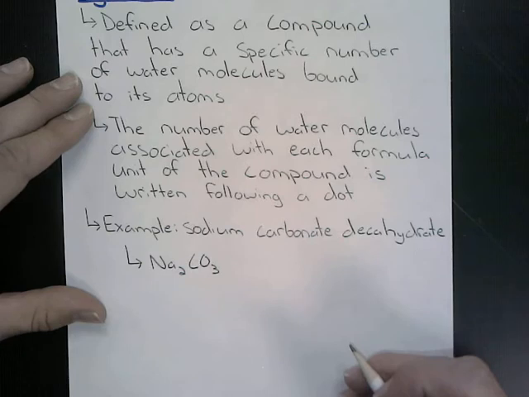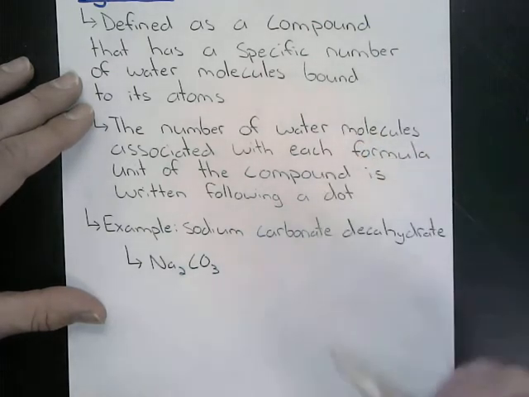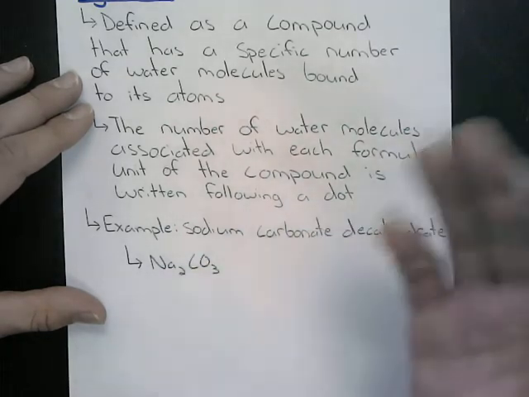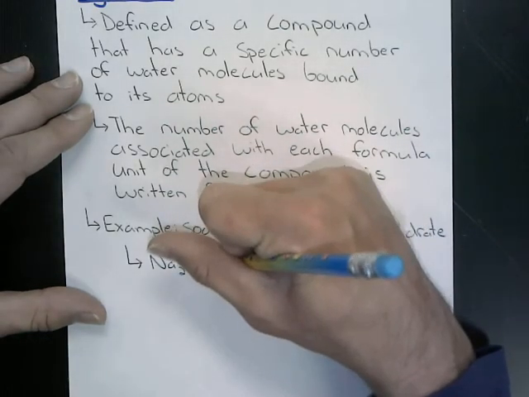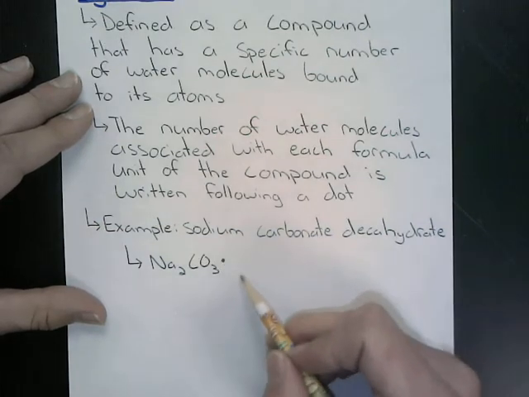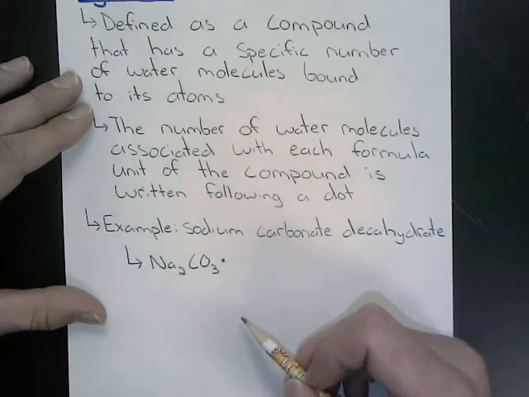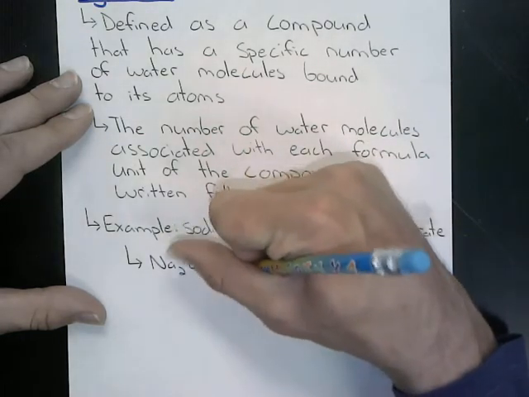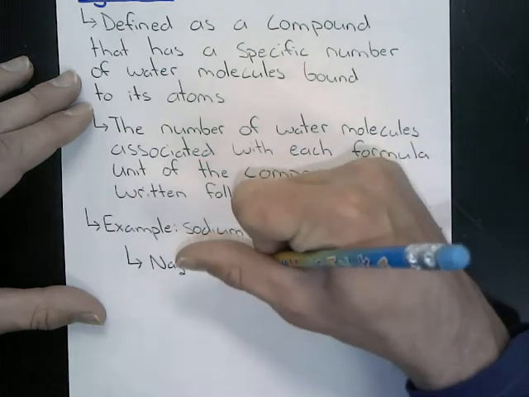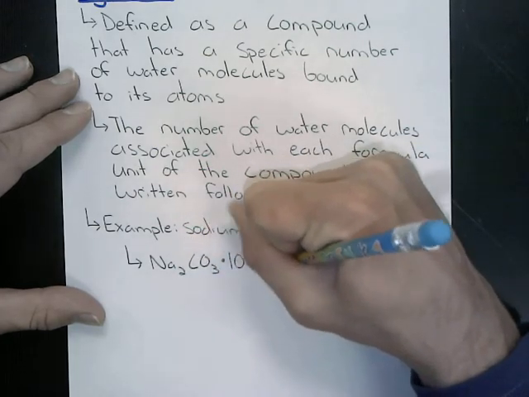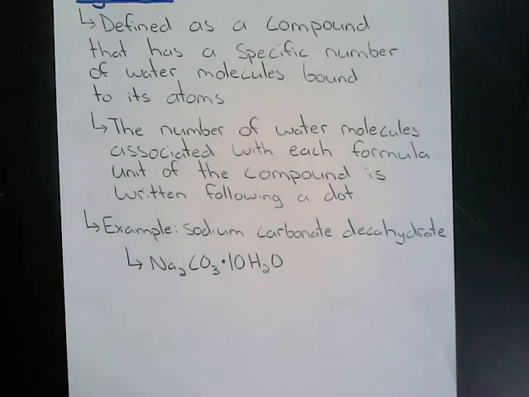To show that it is a hydrate, or water molecules are bound to this particular molecule, the dot represents that this sodium carbonate is surrounded by waters, and the specific number of waters is 10 for decahydrate. So that's what it would look like, and we'll go over how to name and write the formula for each of these hydrate molecules.